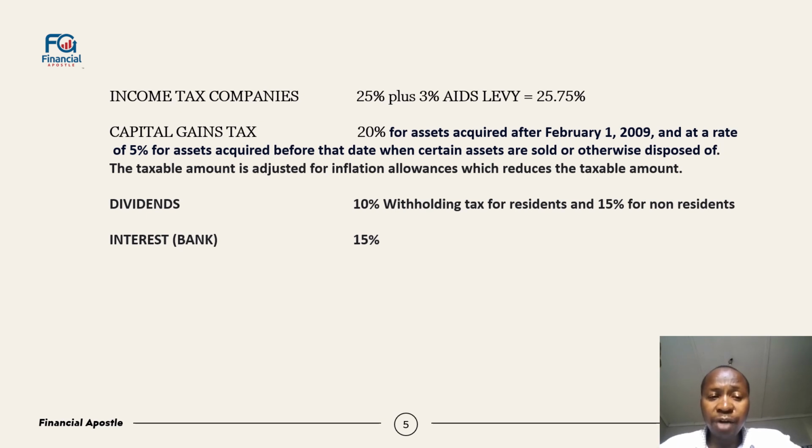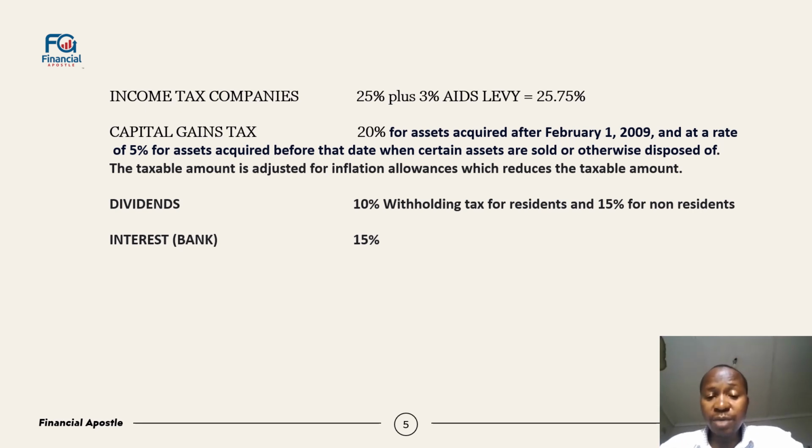But the beauty of having an asset that you invested in, a property, is that your taxable income is adjusted for inflation. Suppose you acquired your property, say, for $5,000 in 1990, and then you sell it today for, say, 500,000 US dollars.